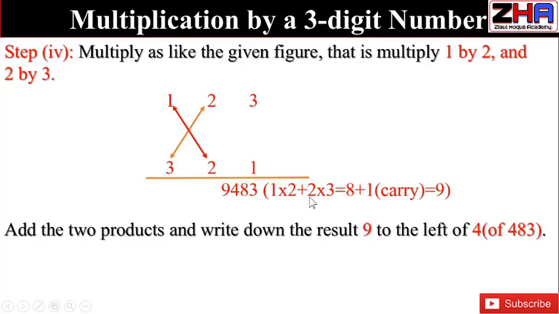We have 1 into 2 plus 2 into 3 is equal to 8, plus 1. The previous carry is 1 and here we have 8, total 9. We write this 9 to the left hand side of 4. Therefore we have 9, 4, 8, 3.